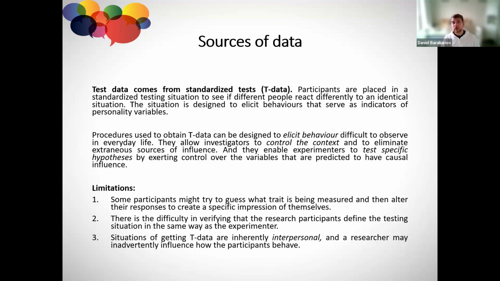And finally, it's also connected. So the results of this data also depend on the quality of communication between experimenter and participant. So sometimes participants and experimenters have additional motivations from the situations.